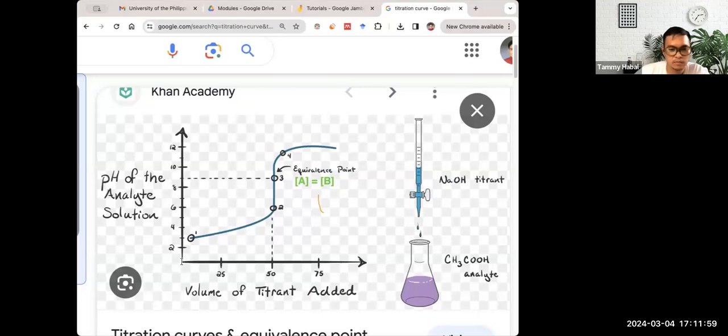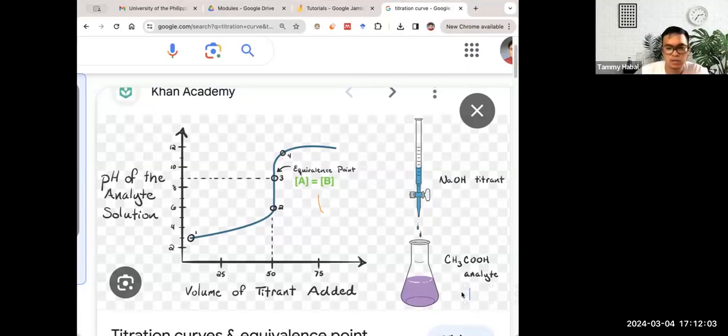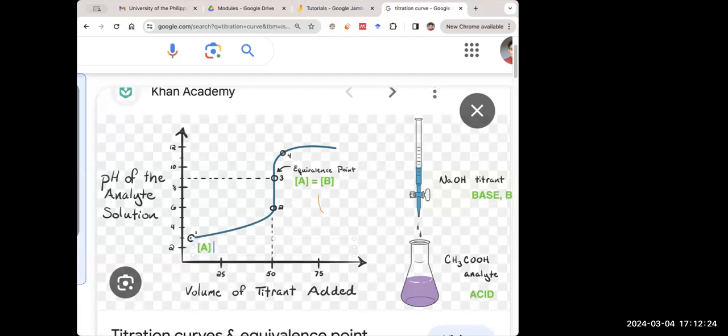Zero here, and the pH of your analyte, which is your acid, this is your acid, this is your base. So the pH is at 2. Let's say you don't have your base yet. So this is your acid, this is where your acid is, starting.